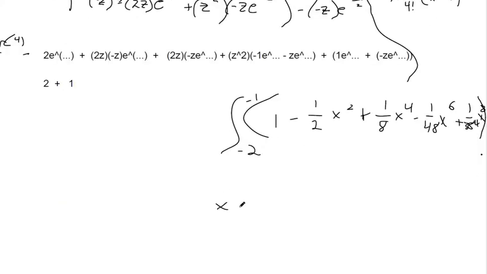Because the first term is x, second term is 1 over 6 x to the third, right? Because 3 is times 1/3, yeah.